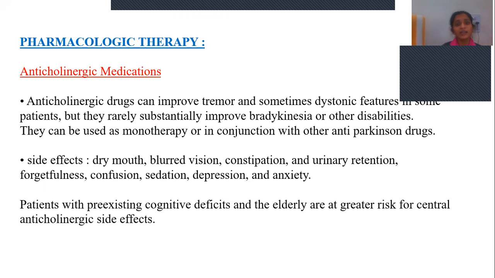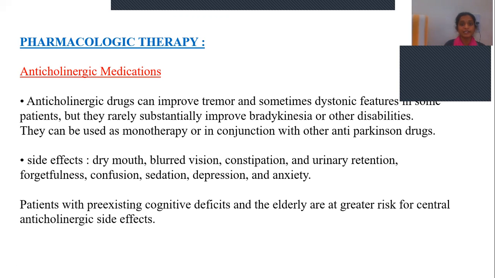And patients who already have some cognitive deficits like memory loss, and the elderly, are at risk of getting these central anticholinergic side effects. Central anticholinergic side effects include blurred vision, depression, anxiety, sedation. So the risk of getting the side effects will be more if the patient already has some cognitive dysfunction, or if the age is more.